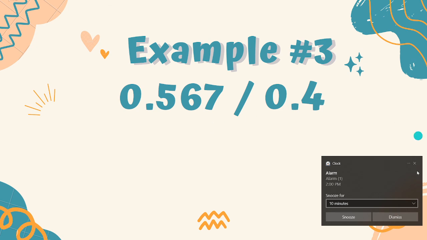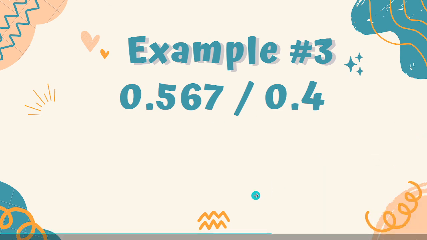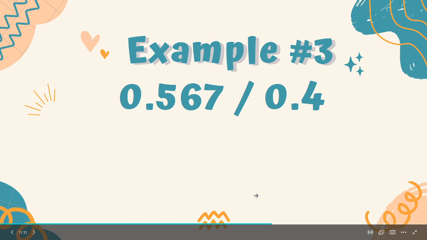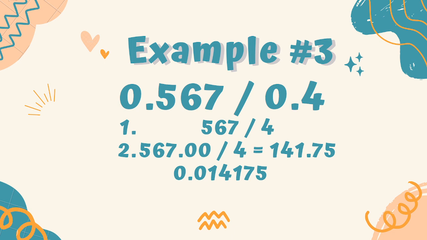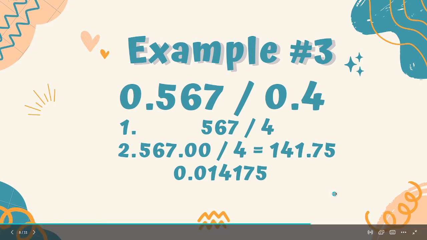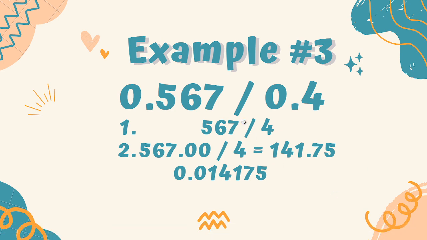And then 4 goes into 20 5 times. So we finally got a quotient without a remainder. So this is the answer, 141.75. And then we need to shift it to the left 4 times: 1, 2, 3, 4. And when we did that, I got an answer of 0.014175.